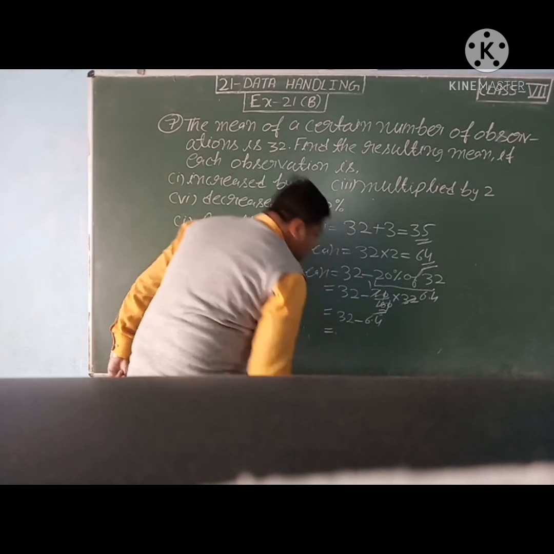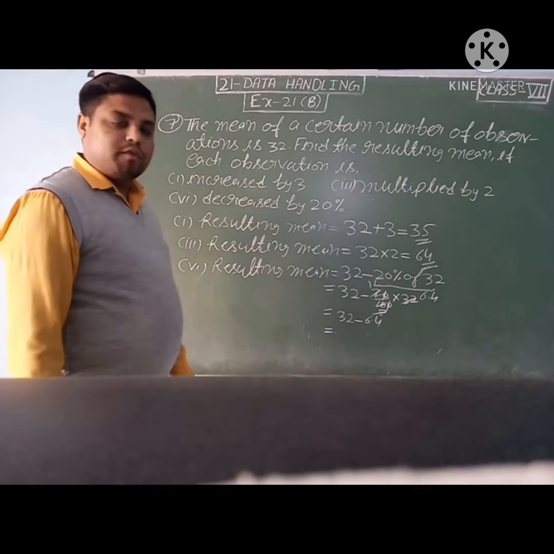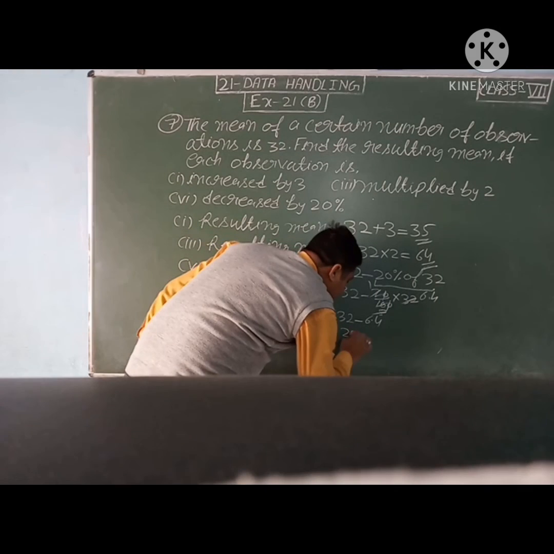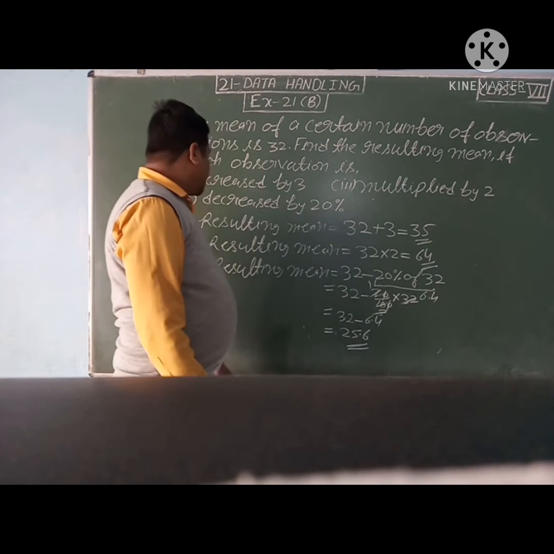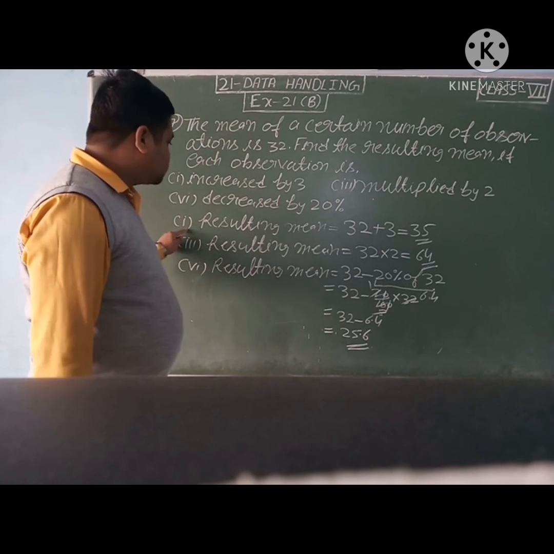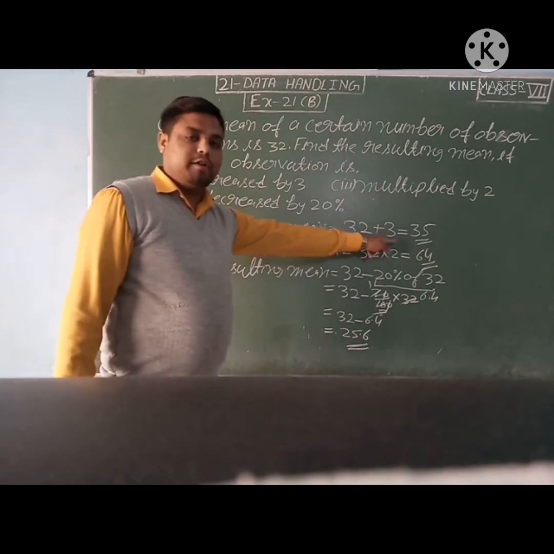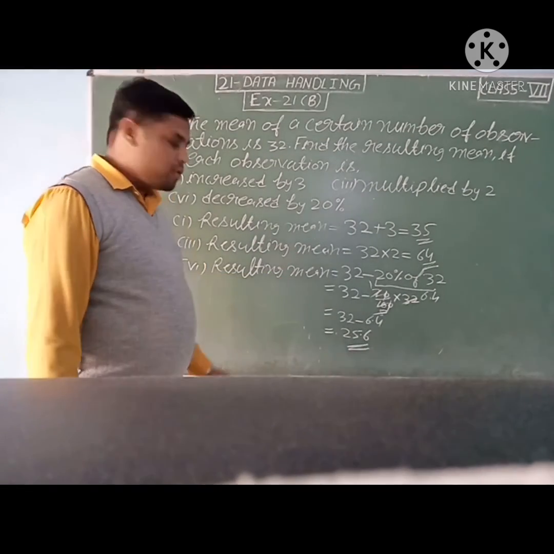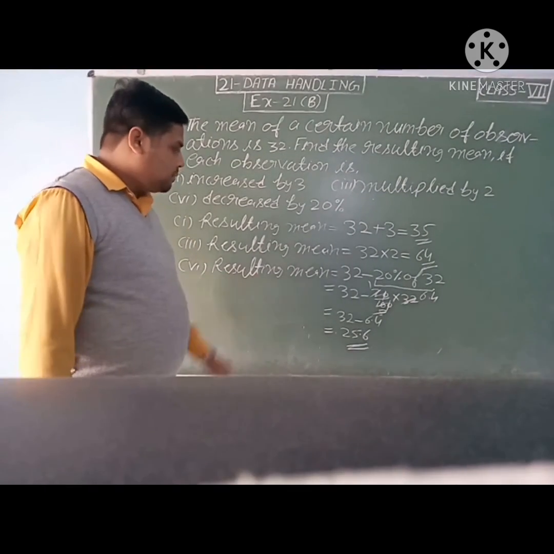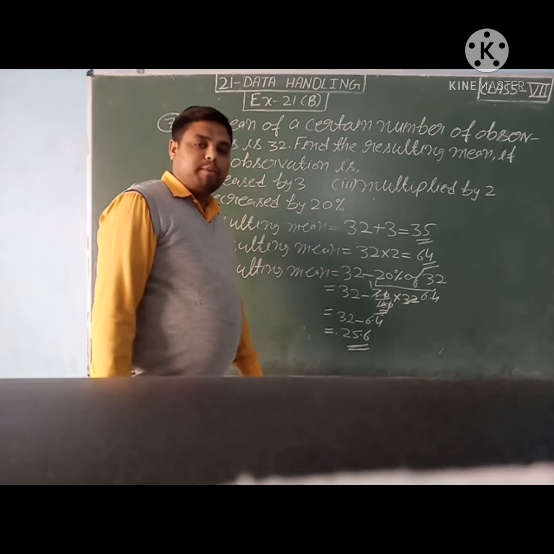So 32 minus 6.4, what will we get? 25.6. So students, the answer of the first part, resulting mean, is 35. The third part, resulting mean is equal to 64, and the sixth part, resulting mean is equal to 25.6.